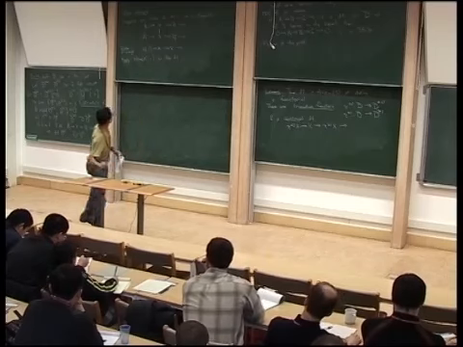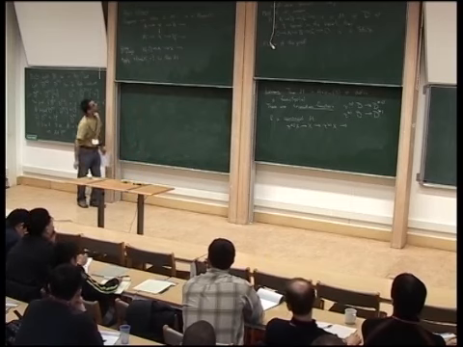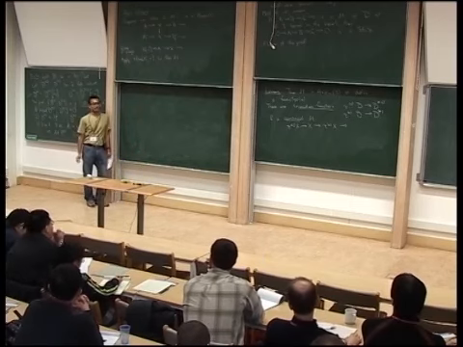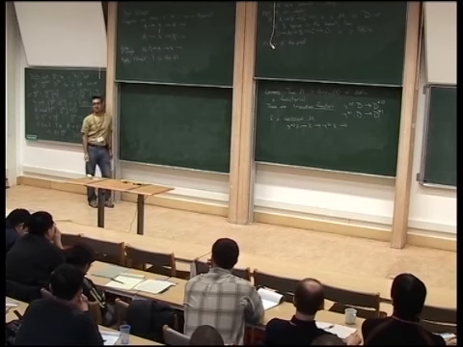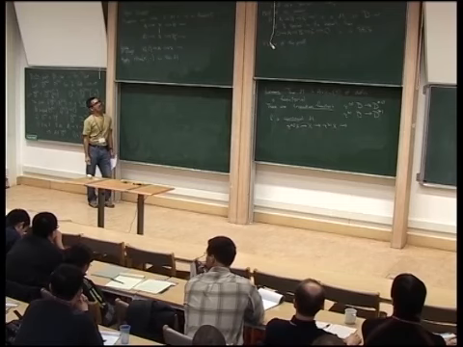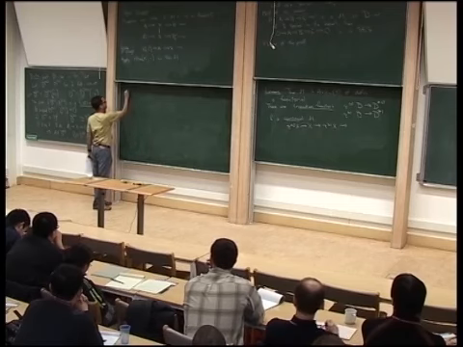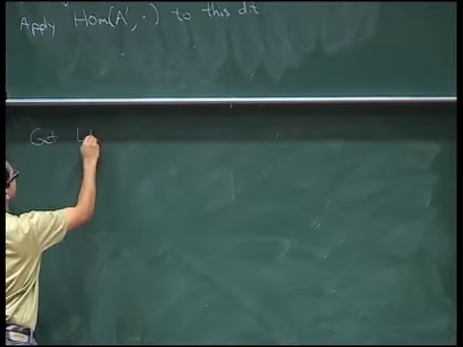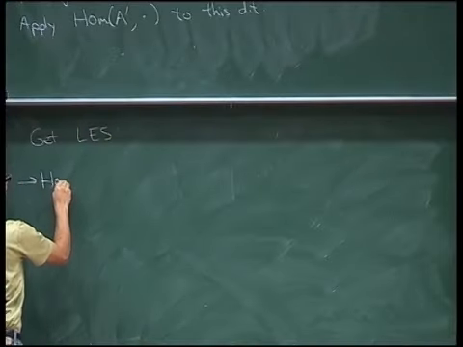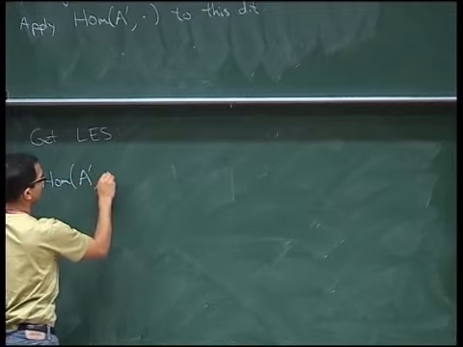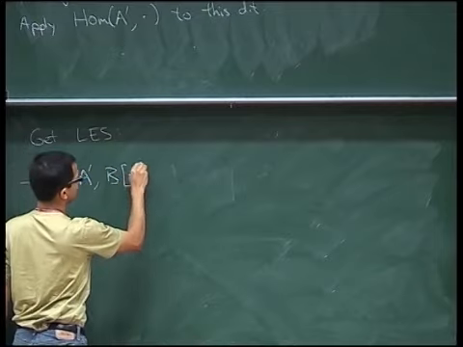One of the facts from yesterday is that we talked about Hom as being H0 applied to R Hom, and you get a long exact sequence from that. So the long exact sequence here has some term going into Hom(A prime, B shifted by -1).